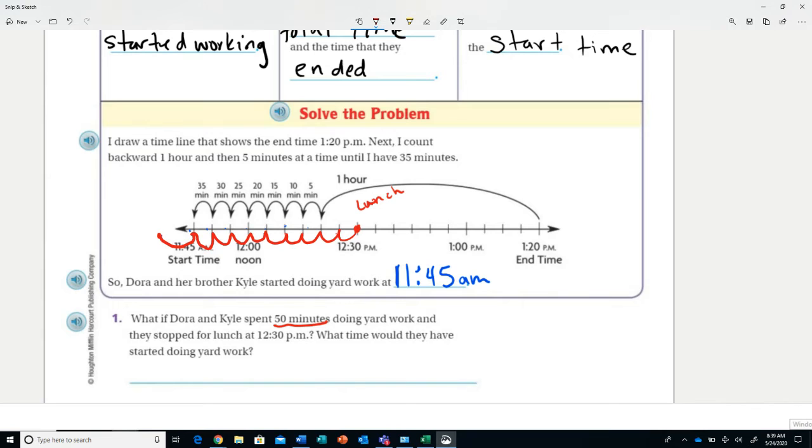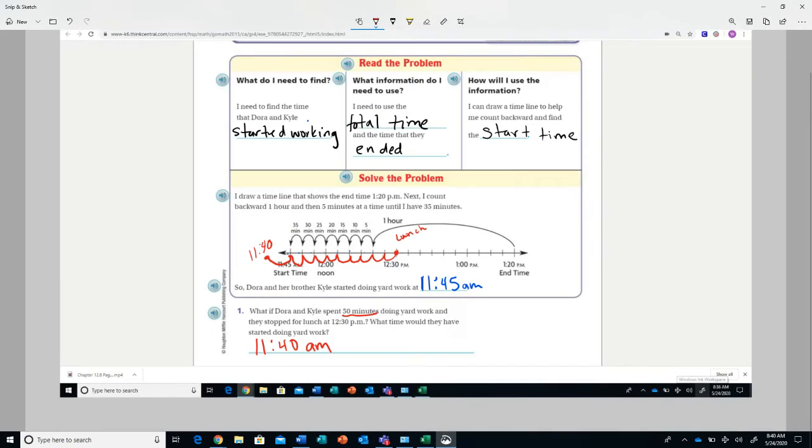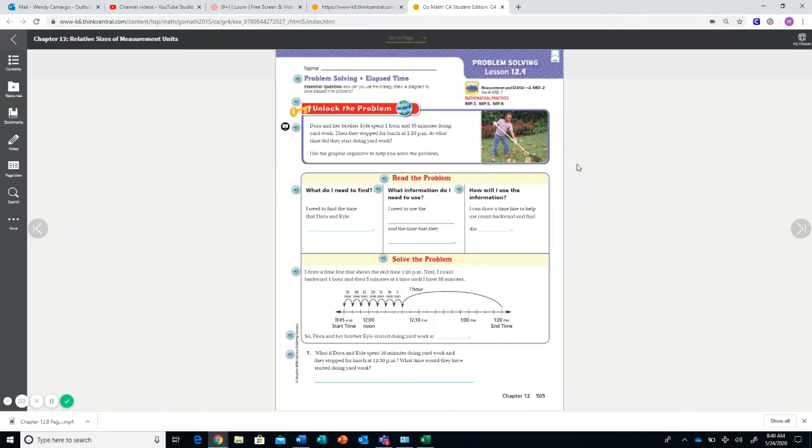I need one more bounce to get to 11:40 a.m. They started work at 11:40 a.m. in question number 1. That's about it. It can get a little tricky sometimes. You have to pay attention that there's 60 minutes in an hour, 60 seconds in a minute, 12 hours or 24 hours in a day, things like that. All right, let's keep moving here.